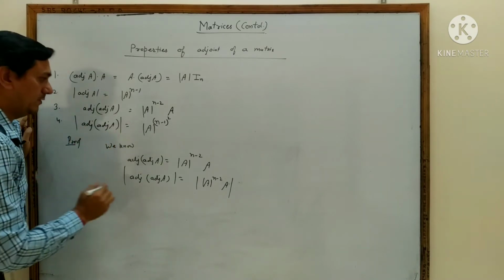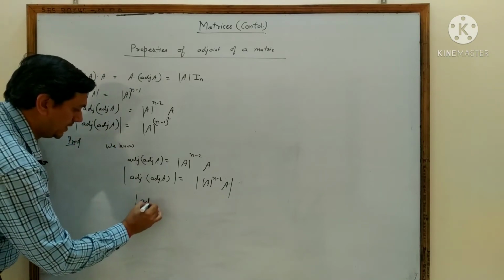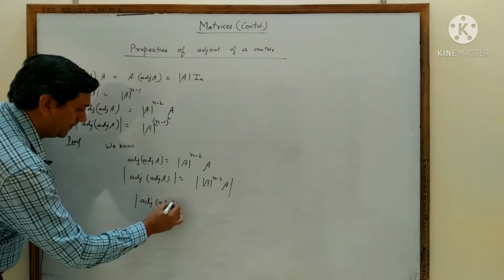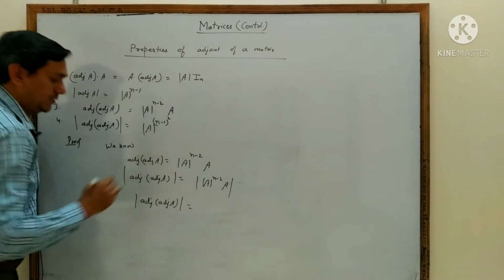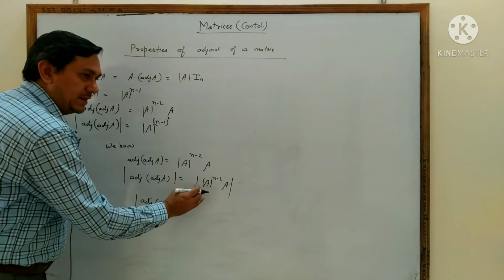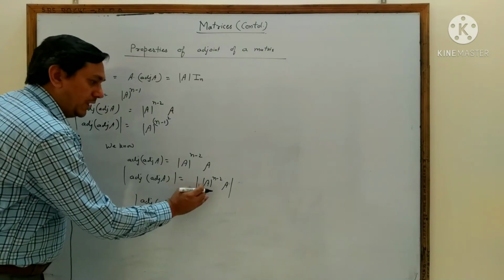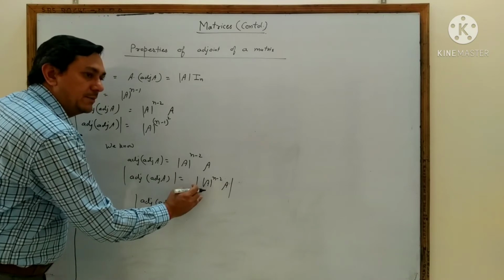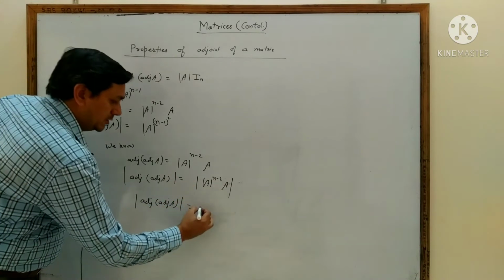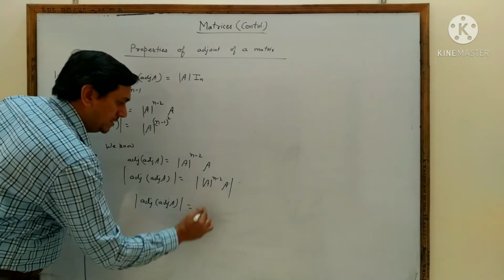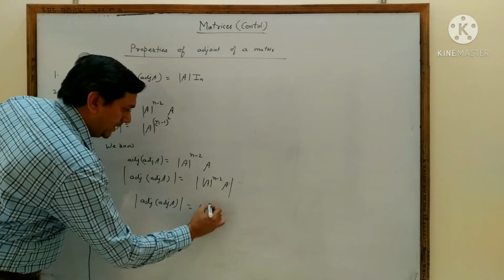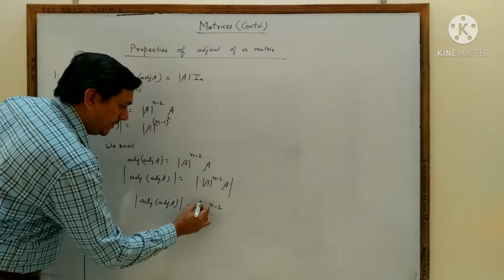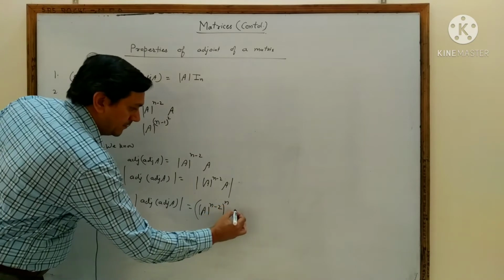Determinant of adjoint of adjoint of A is equal to, now you have read that determinant of kA is k raised to the power n times determinant of A. So this is a constant, and we take it out of the determinant by raising it to the power n.